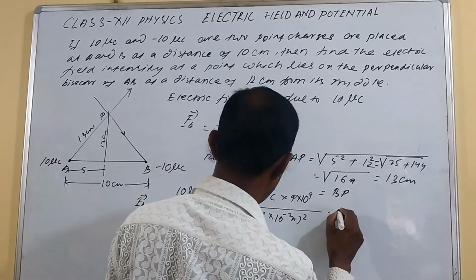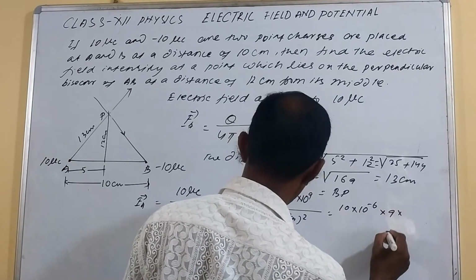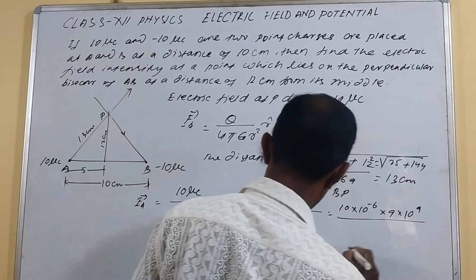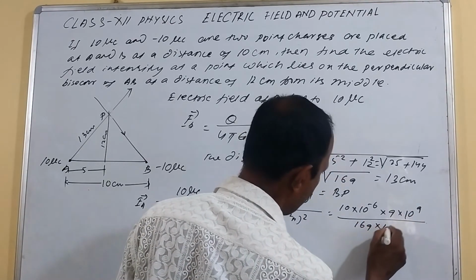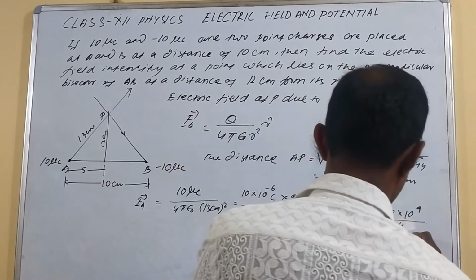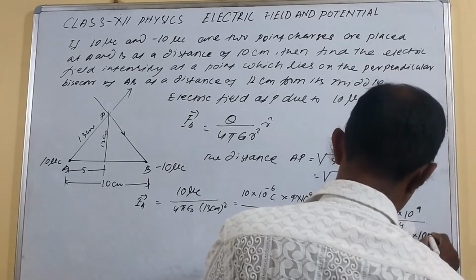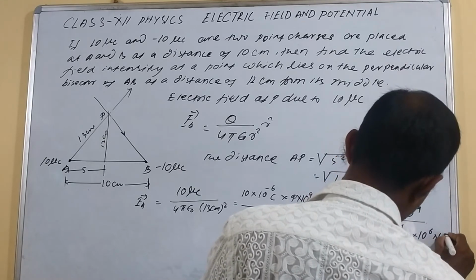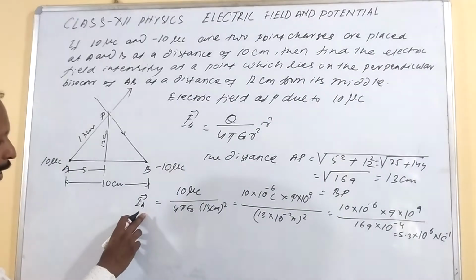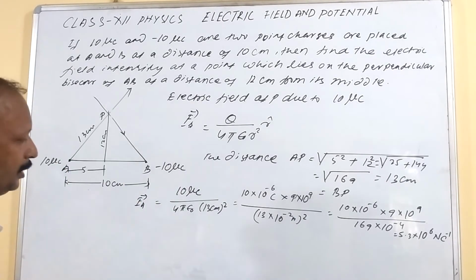This is equal to 10 into 10 to the power minus 6 into 9 into 10 to the power 9 divided by 169 into 10 to the power minus 4. If I simplify, I shall get 5.3 into 10 to the power 6 Newton per coulomb. So this is the electric field at the point P due to charge at A.